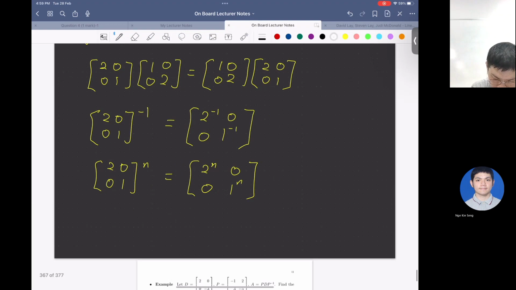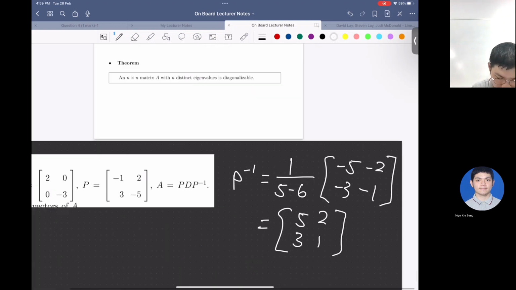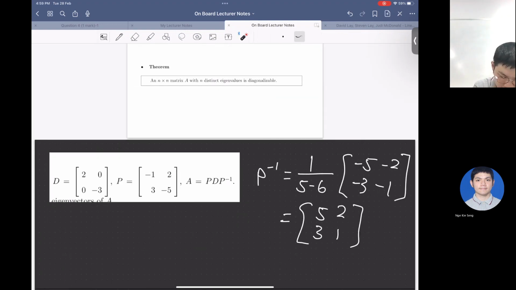I think this is right, because it's AD minus BC. For a 2 by 2 matrix, you swap A and D, and then you put minus on B and C. So this is P inverse.